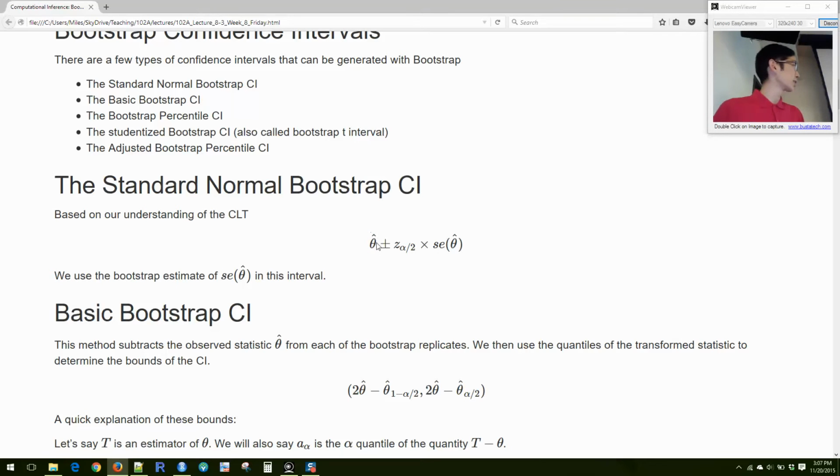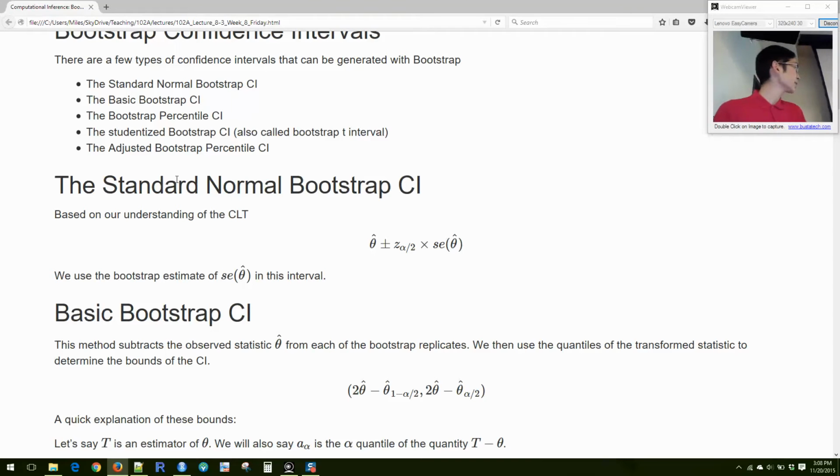You would put x bar, your estimate of the parameter, so your theta hat, in the middle, plus or minus a z star value. So 95% would be 1.96, or 90% would be like 1.645, times the standard error.